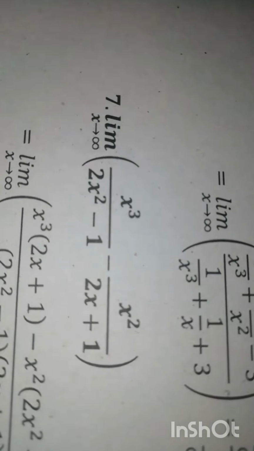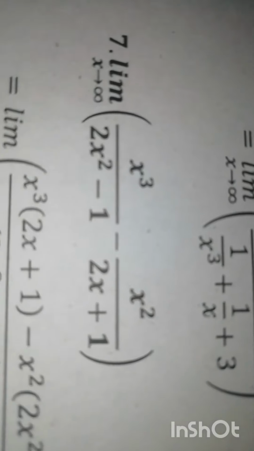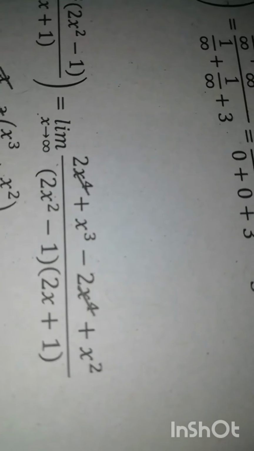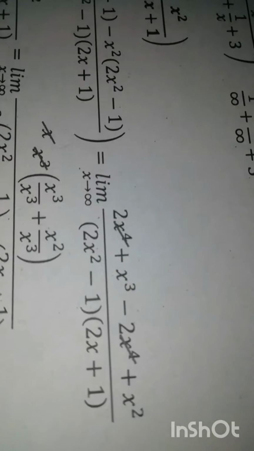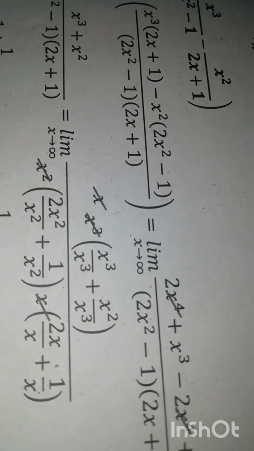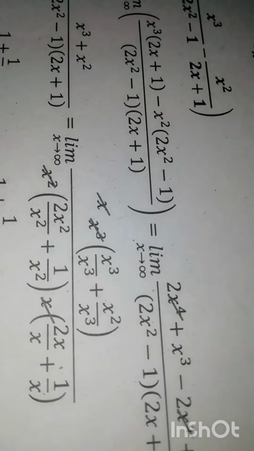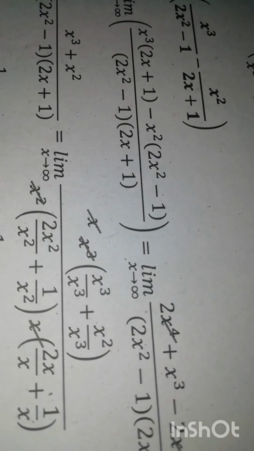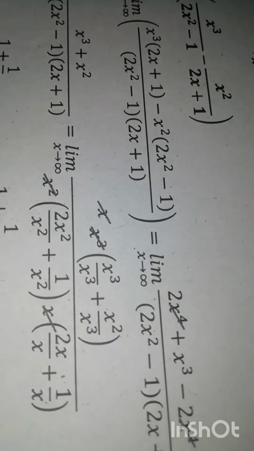Next, sum number 7. Given the two functions. First of all, you have to simplify the function, taking the LCM. After simplifications, finally we get the x cube plus x square. Take out the x cube, x cube by x cube, x square by x cube. Take out the x square.